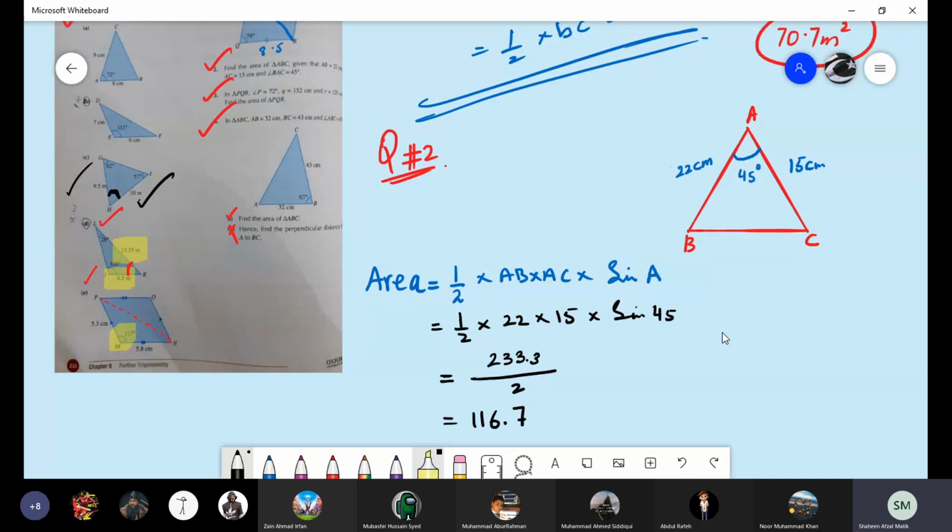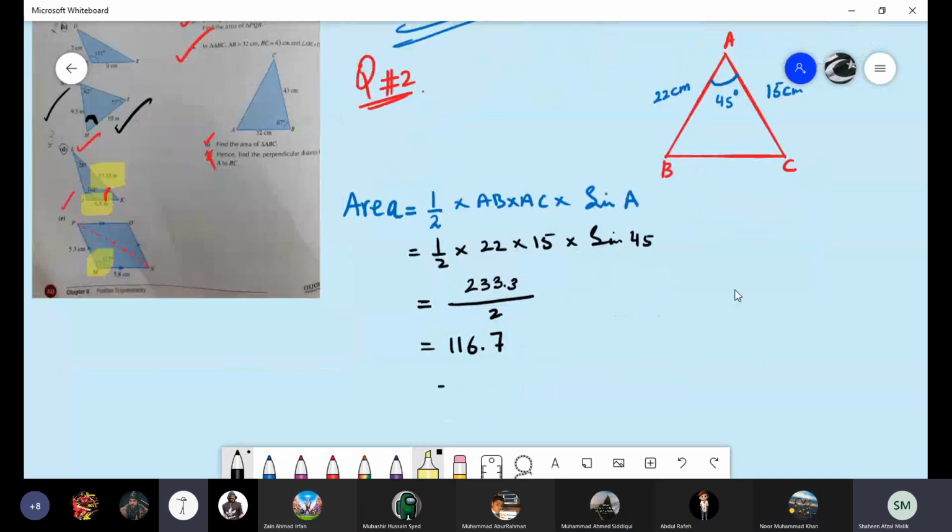But if I tell you to write the answer up to 3 significant figures, then what will it be? 117. Yes, so it will be 117. What is the unit? Centimeter square. Centimeter square, up to 3 significant figures.